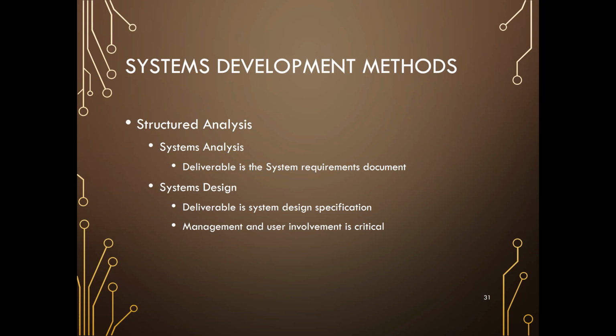After that, we have system design. For the system design phase, the deliverable is the system design specification. How are we going to design the system? And management and user involvement is critical. This one is really important because when you design a system, as a system analyst or system designer, you need the management and users to participate and see your design as well.